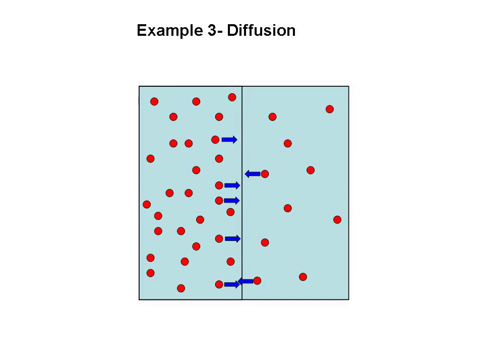So this will end up with a net movement from left to right. But there are molecules coming from right to left, as well as from left to right, but the number coming from left to right is larger than the number coming the other way.